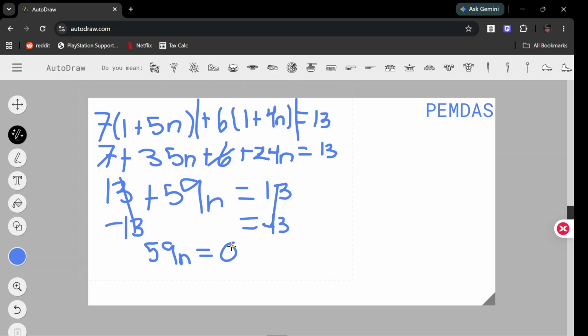The answer is n equals 0. The reason is that 0 divided by any nonzero number is always 0. So we can just divide both sides by 59. 59n divided by 59 is just n, and 0 divided by 59 is 0. So there you go.